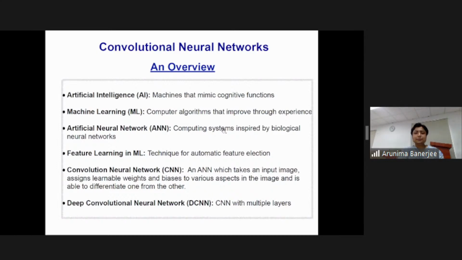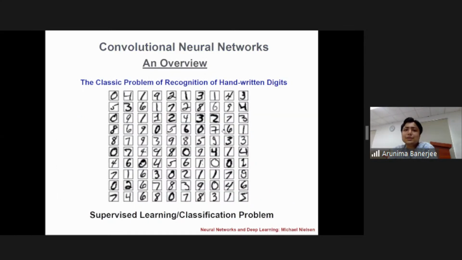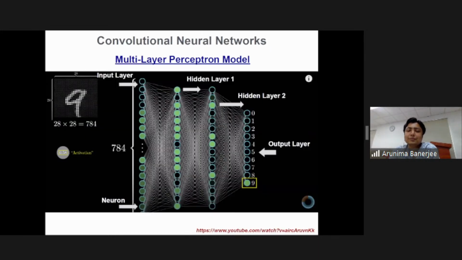So this is the classic problem of recognition of handwritten digits. This can be done using a convolutional neural network. I'm sure you have seen this kind of thing in yesterday's talk. This is your input layer. This is your output layer.